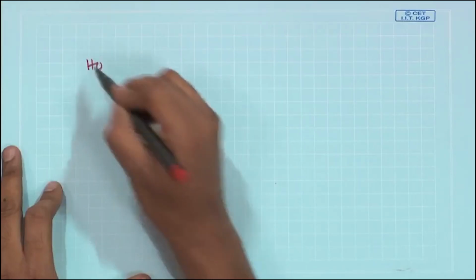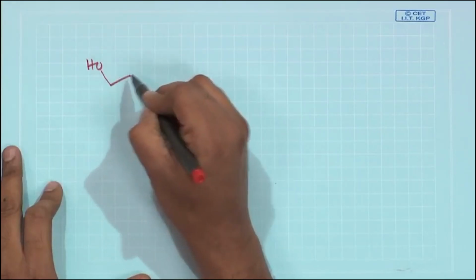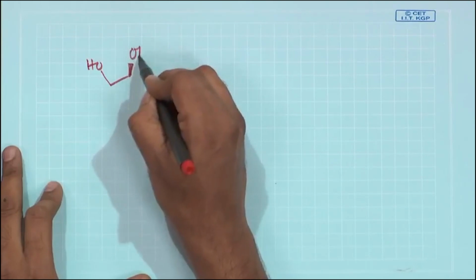So, what you need to do is take the other pathway. So, you have this diol.